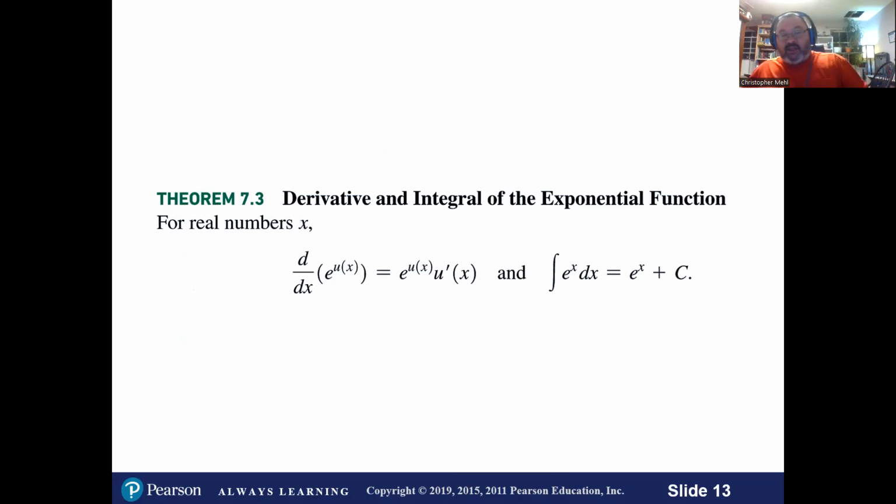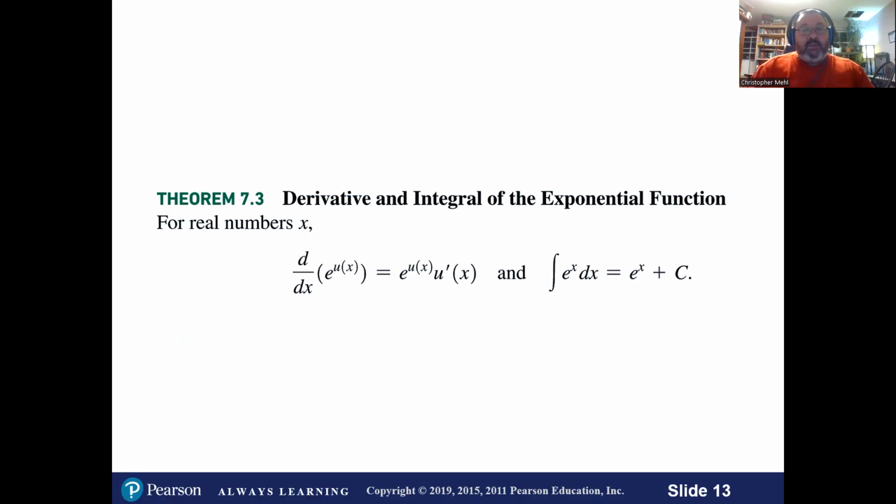Okay, so that leads us to the derivative and the integral of the exponential function. Again, things that we stated before but really didn't prove, and we'll see them again here: the derivative of the exponential function is just the exponential function, and the integral of the exponential function is just the exponential function.